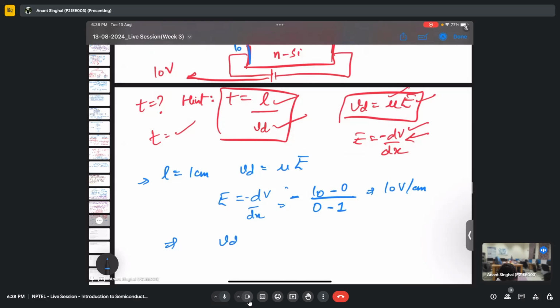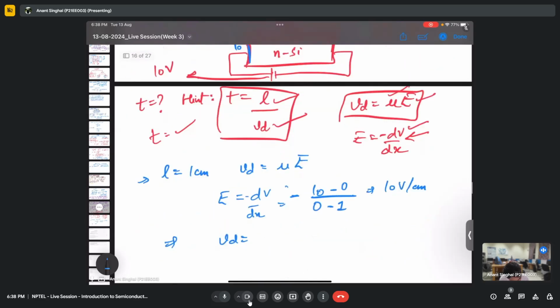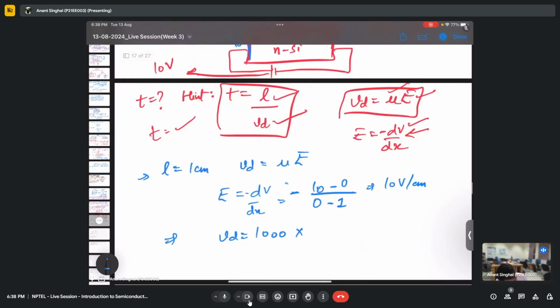So now Vd is nothing but mobility, which is given as 1000, times 10 volt per centimeter, which will give me 10 raised to 4 centimeter per second, because we have all the units in centimeter till now.